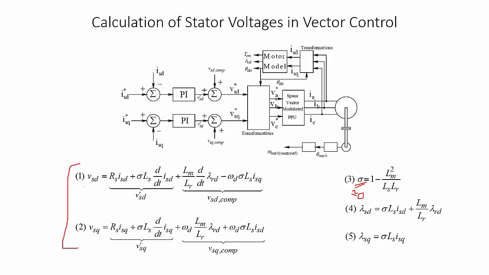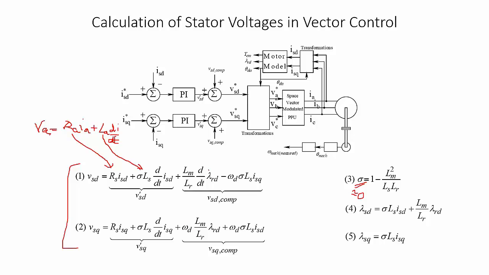This equation is very similar to the voltage equation for a DC motor, where we had VA is equal to RA times IA plus LA times dI by dt. These two equations are very similar, with RS being equal to RA and LA being equal to sigma times LS.